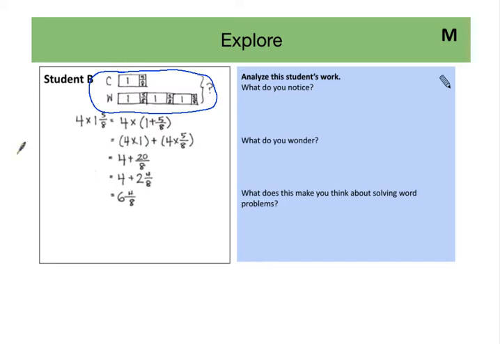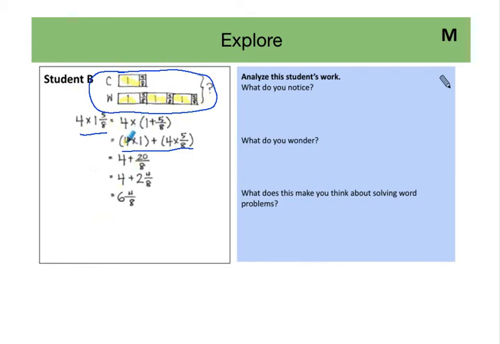Did you notice that they solved for 4 times 1 5/8? And they also used the distributive property. Did you notice they used the distributive property here? If we go ahead and highlight here, we see that I'm guessing they did 1, 2, 3, 4. So they solved for the total amount for the child's dress and woman's dress at the same time, right?